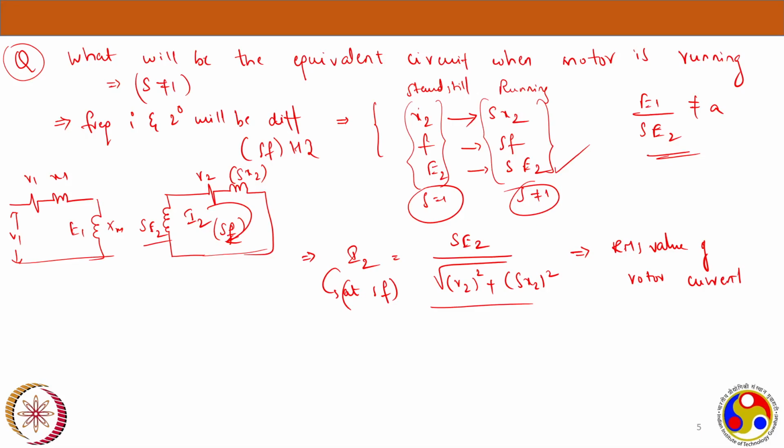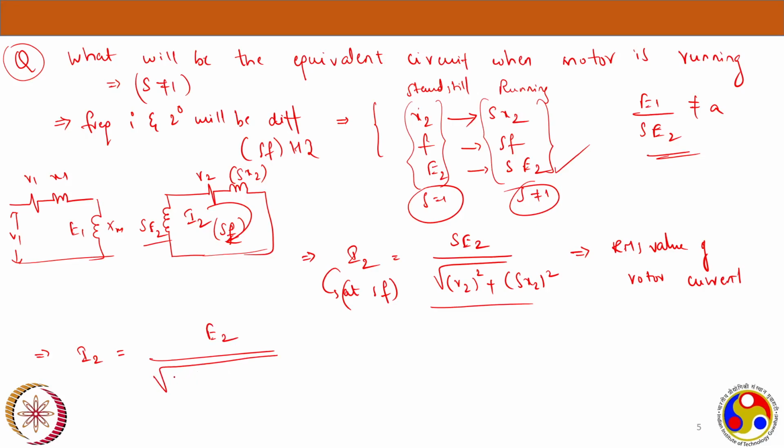Okay. Now I am just modifying this term into this part. I'm just rearranging it. I'm just dividing the entire expression by S. So if I divide numerator and denominator by S, the numerator will become E2, and I will divide by S also here.